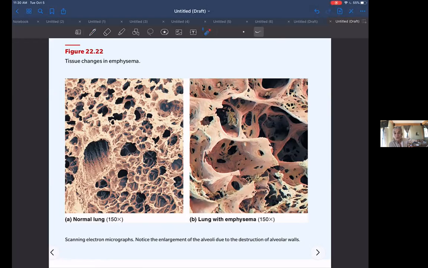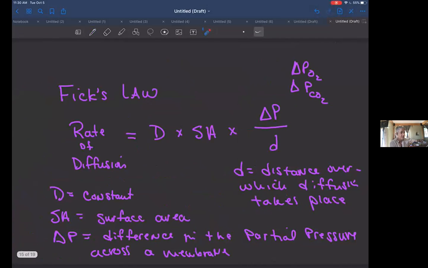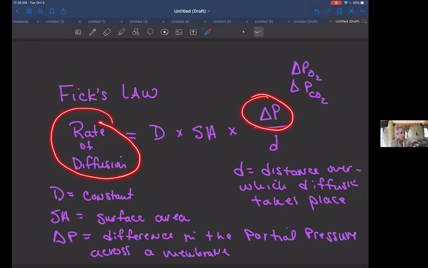So what could you do for a person who has emphysema? One thing you could do is put them on a ventilator and give them supplemental oxygen. If this decreases and this decreases, one way to compensate is to change this.